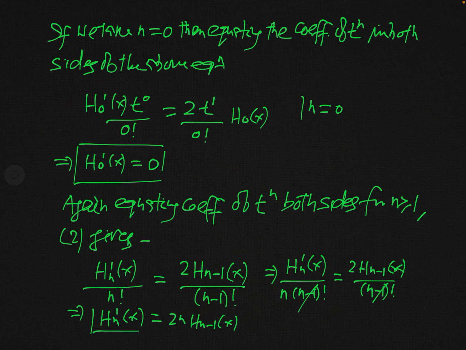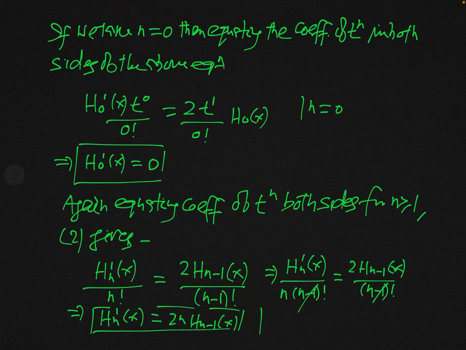And you can see this is the first recurrence relation followed by the Hermite polynomial Hn of x.